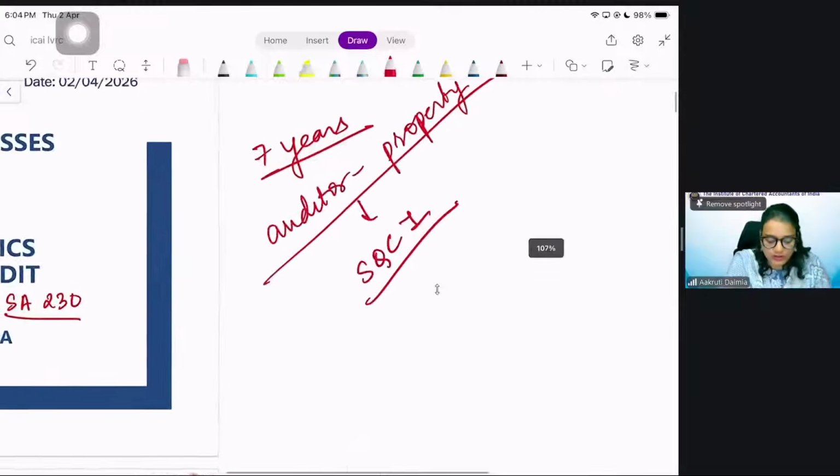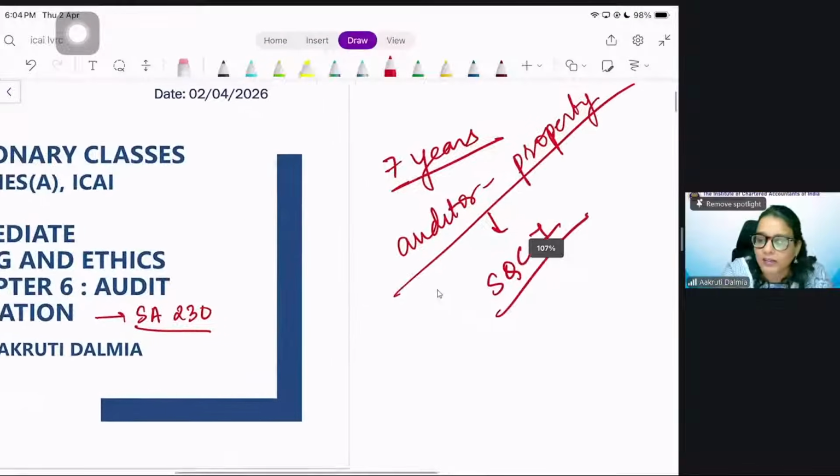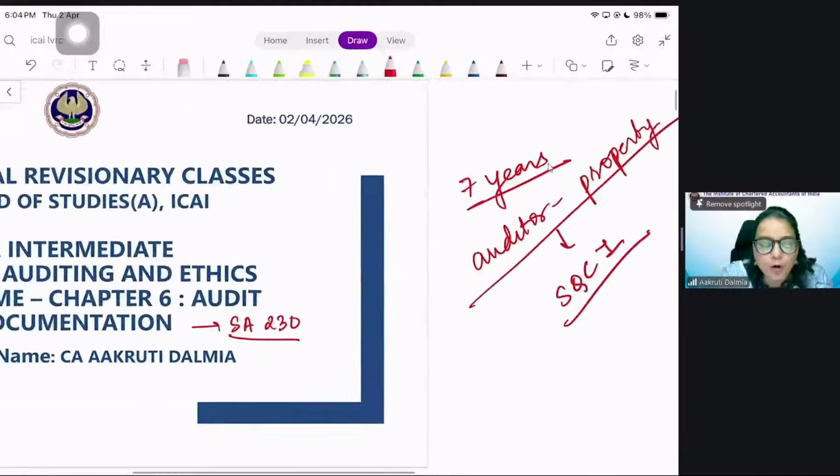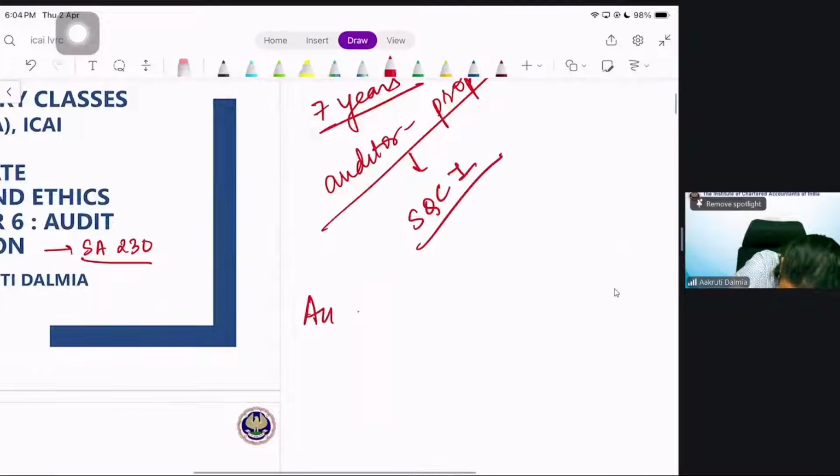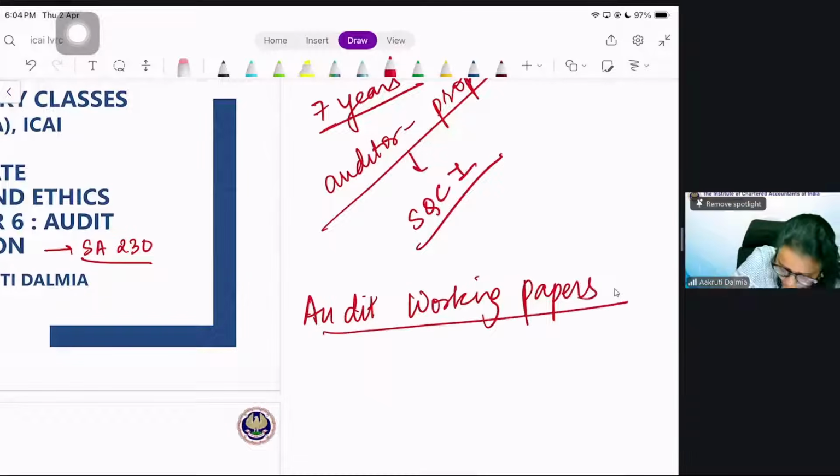In SA 230, there is one more name that is commonly used for audit documentation. Can you remember what is that name? Very good, Astha, audit working papers. Audit working papers. Very good.